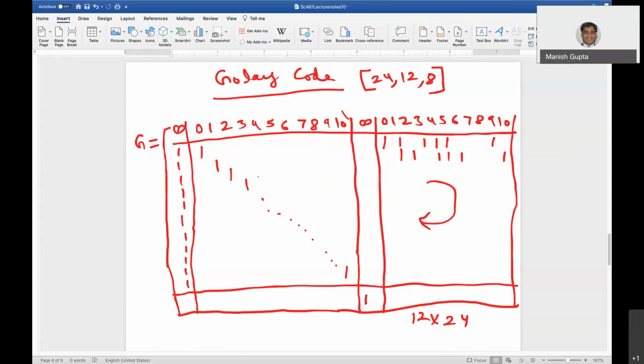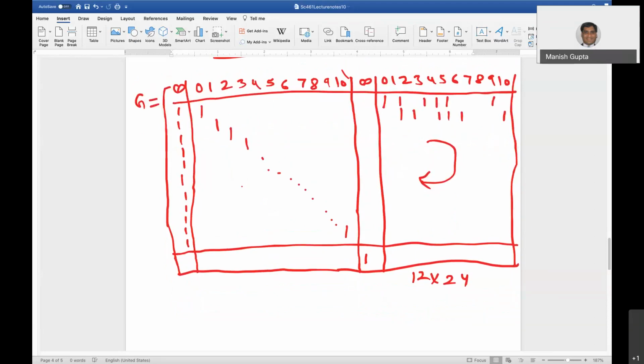So the dimension of the code is 12. Length is 24. The length of the code is 24. Dimension is 12 because of the identity block, because I12 is sitting here, right?